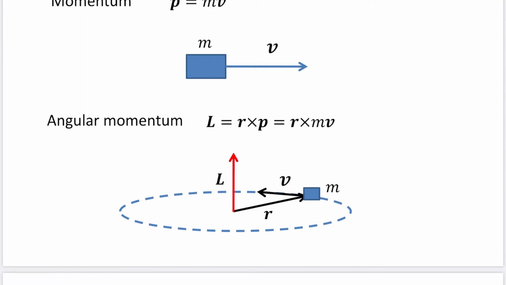P is the momentum. If you write p as mv, angular momentum is expressed as r cross mv, a vector quantity. So the direction of the angular momentum is perpendicular to the circular orbit of the object. This is the definition of angular momentum.